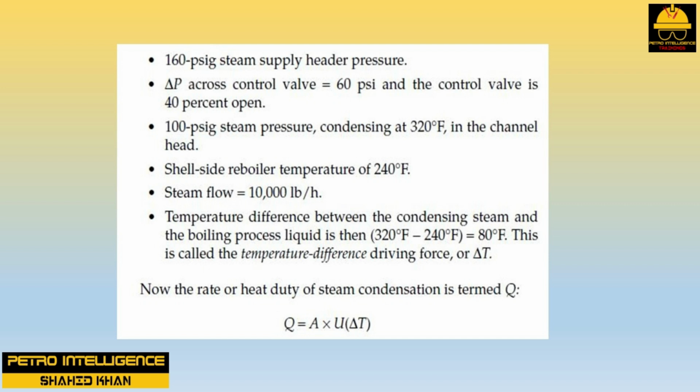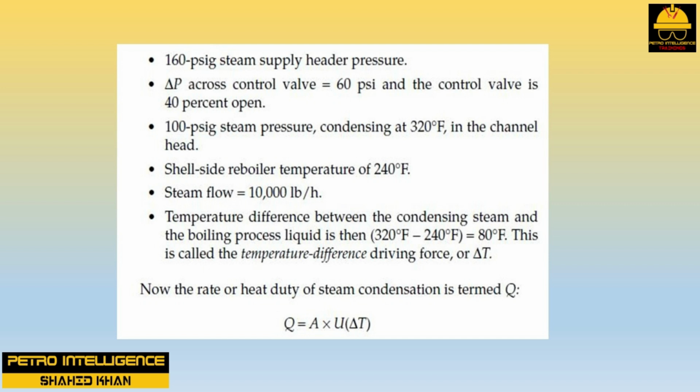Shell side reboiler temperature of 240 degrees Fahrenheit. Steam flow equals 10,000 pounds per hour. Temperature difference between the condensing steam and the boiling process liquid is then 320 minus 240 degrees Fahrenheit, equals 80 degrees Fahrenheit. This is called the temperature difference driving force, or delta T.